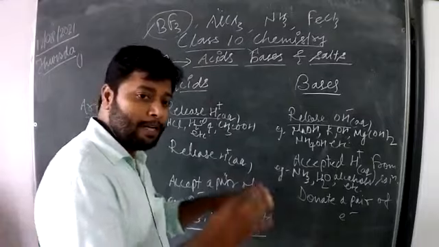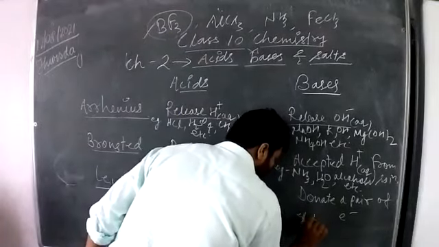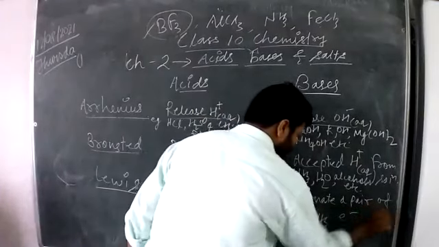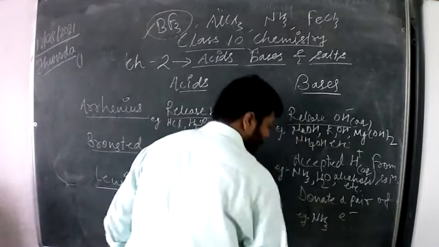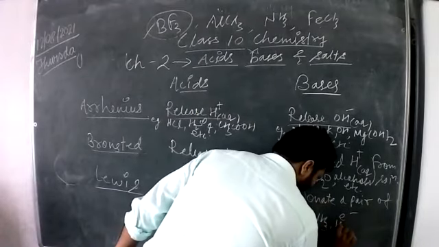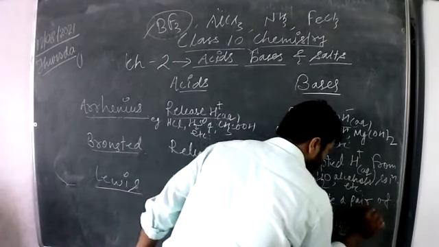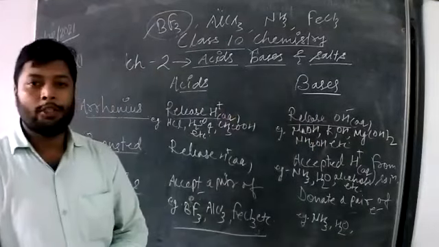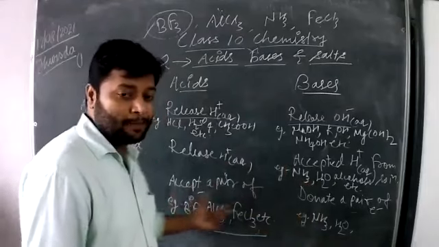Lewis bases are similar to the Bronsted base, and the examples are again the same. Ammonia, a very important and famous example. Again water. So there are some common examples of Bronsted base and Lewis base.